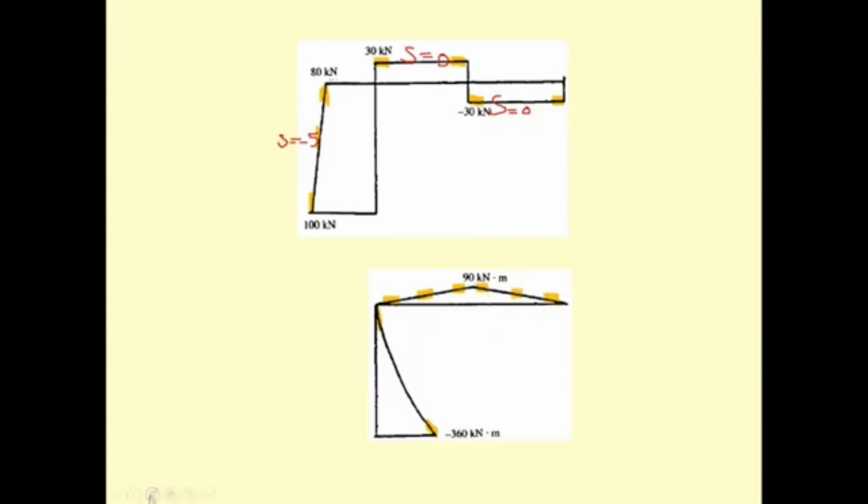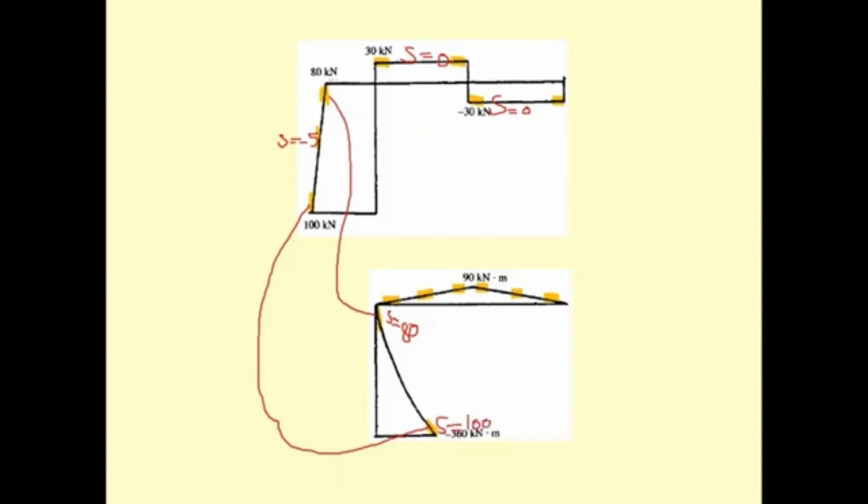And if you can show your link, okay, you may see the 100, the shear is going to be the slope here, and also the shear is going to be the slope here. You can say S is equal to 80. Okay, this S is going to equal 100.